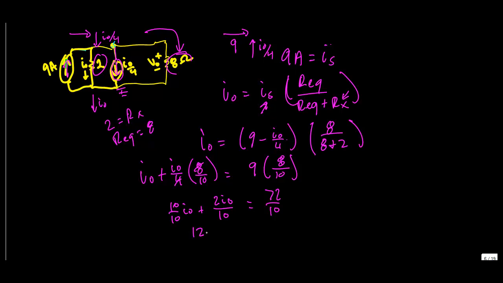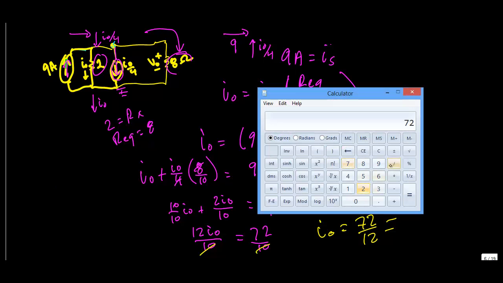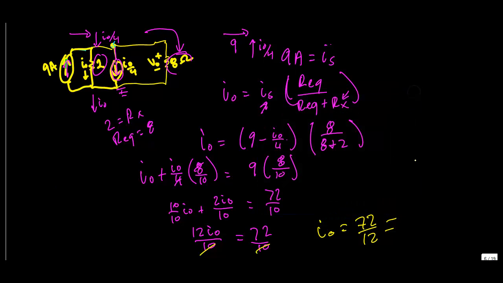So basically 12 I/O divided by 10 is equal to 72 over 10. The 10s will cancel. So then your answer would be I/O is equal to 72 divided by 12. So if you bring up the calculator and say 72 divided by 12, you get 6 amps, and that's exactly what I/O is, 6 amps.